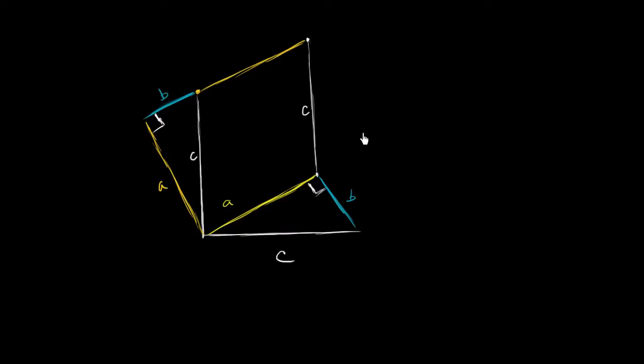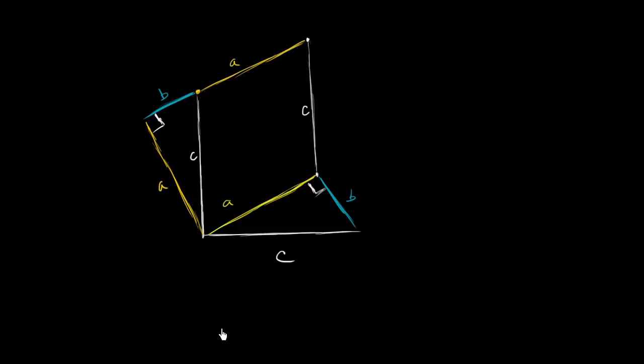Well, a little clue is this is a parallelogram. This line right over here is going to be parallel to this line. It's maintained the same distance. And since it's traveling the same distance in the horizontal direction and the vertical direction, this is going to be the same length. So this is going to be of length A.